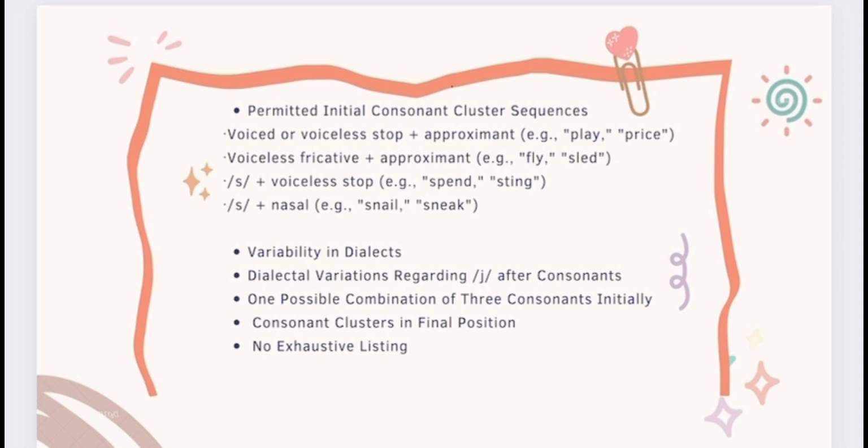Different English dialects have variation in the pronunciation of j when it follows certain consonants, particularly alveolar consonants. Variability in dialects. It's important to note that these dialectal variations are not uniform across all dialects of English. Different regions and communities may exhibit different patterns of pronunciation.